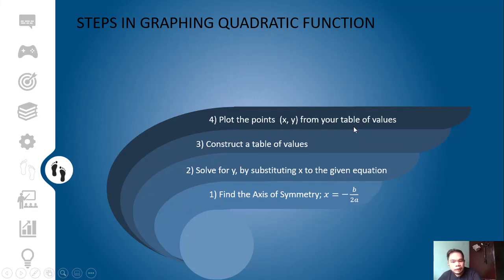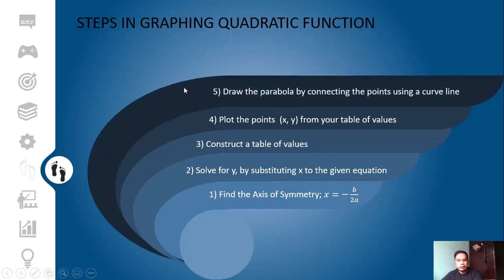So, pagkatapos natin gumawa ng table of values, ipa-plot naman natin yung mga points na makikita natin sa table of values na ginawa natin. Na ipa-plot natin sa Cartesian plane. Next is draw the parabola by connecting the points using a curved line. So after natin ma-plot yung points, pagko-connect-connectahin natin yon, no? Using a curved line or curved path.